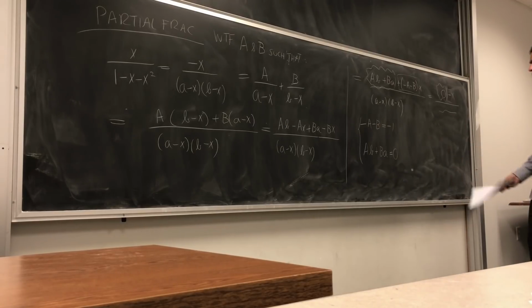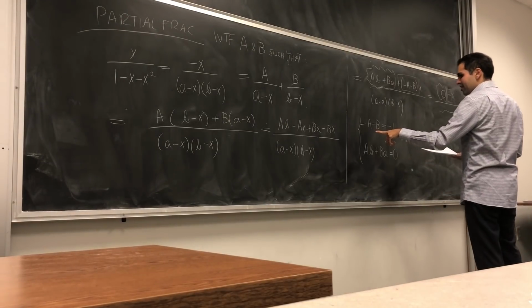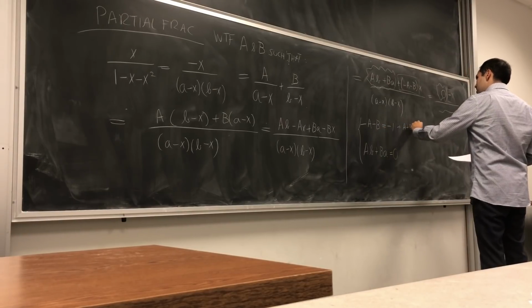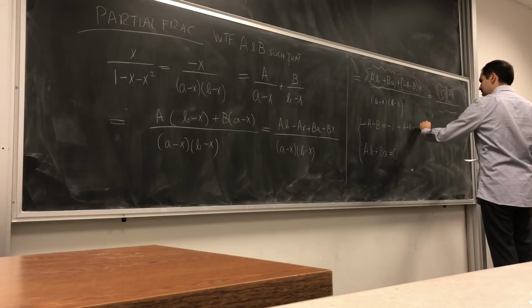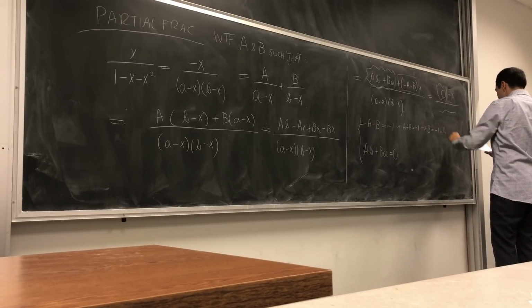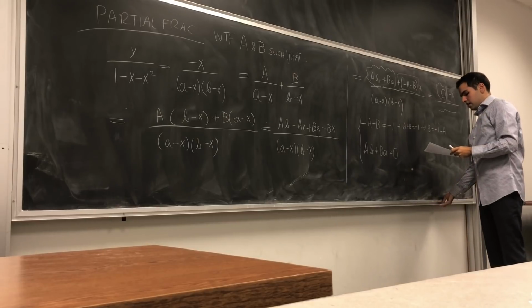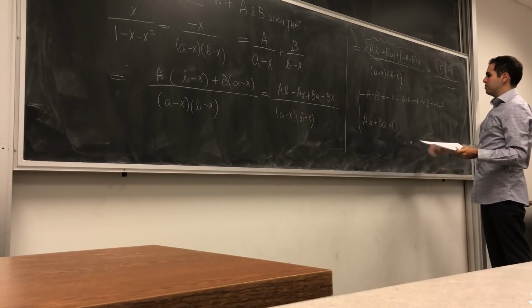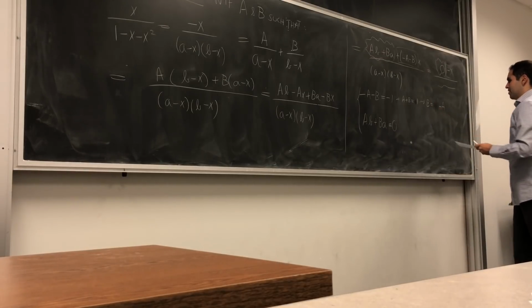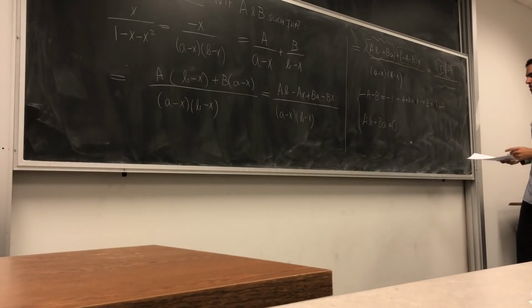And so let's solve this a little bit. So we get A plus B equals minus 1. So B is minus 1 minus A. Okay, sorry, A plus B equals 1, my bad. So B is 1 minus A, which makes stuff easier in the end.